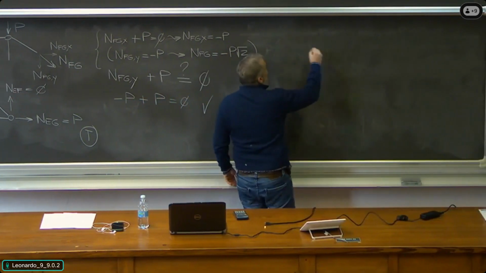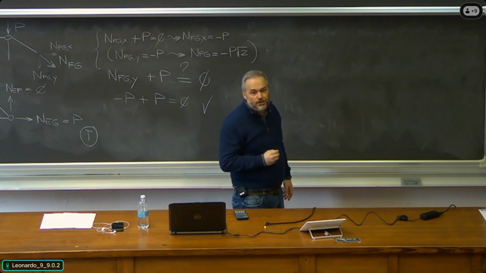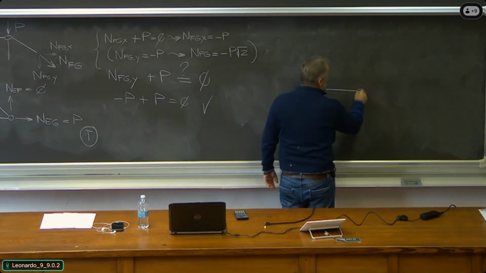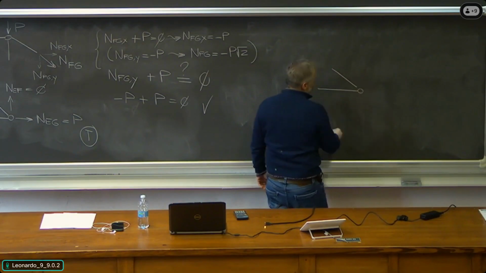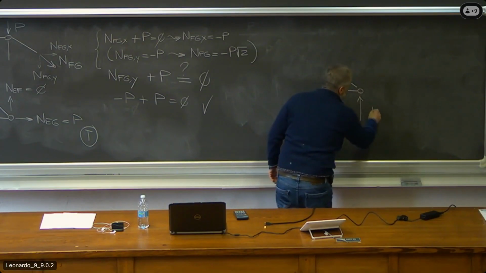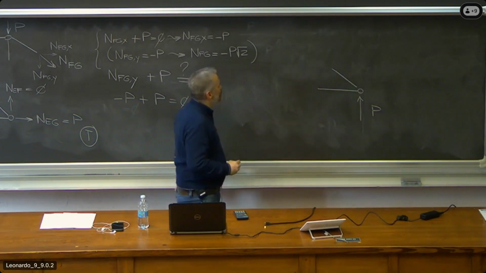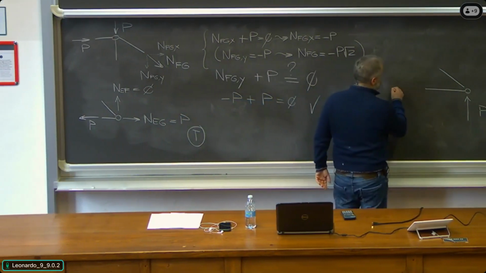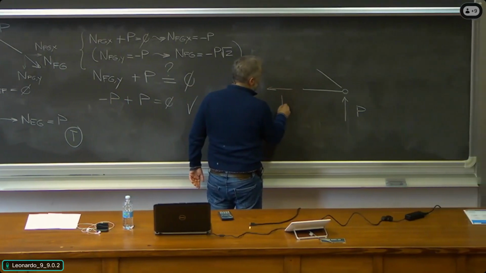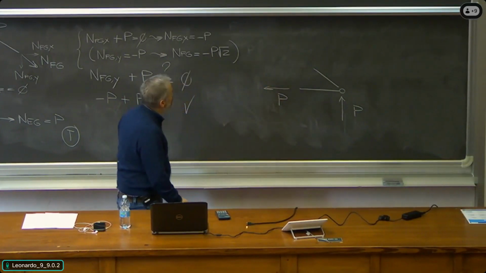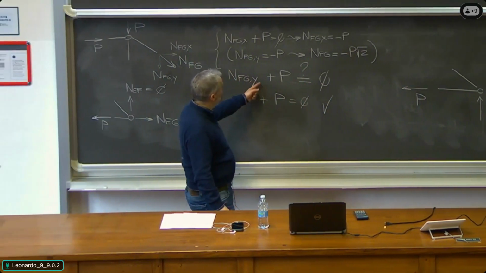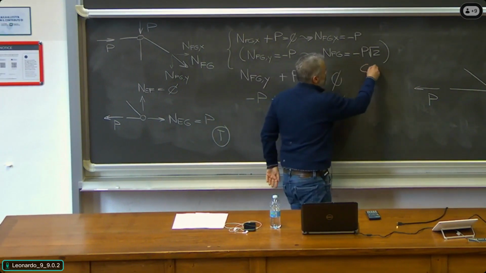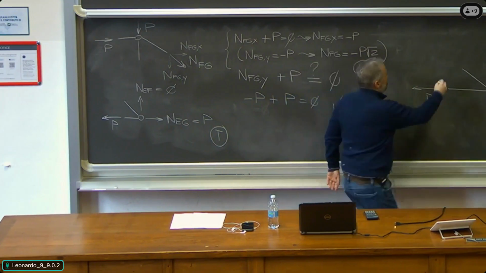Now, final check is at node G. At node G, we have a straight member, horizontal, and the diagonal one, and we have the reaction force, which is P. What comes from the straight member? P tension. Like this. What comes from the diagonal member? P square root of 2, compression. So this is a compression force.